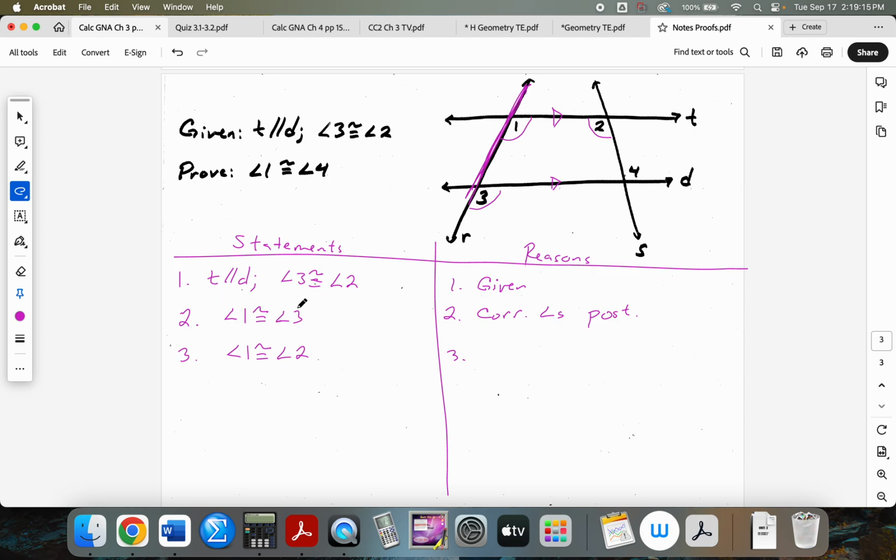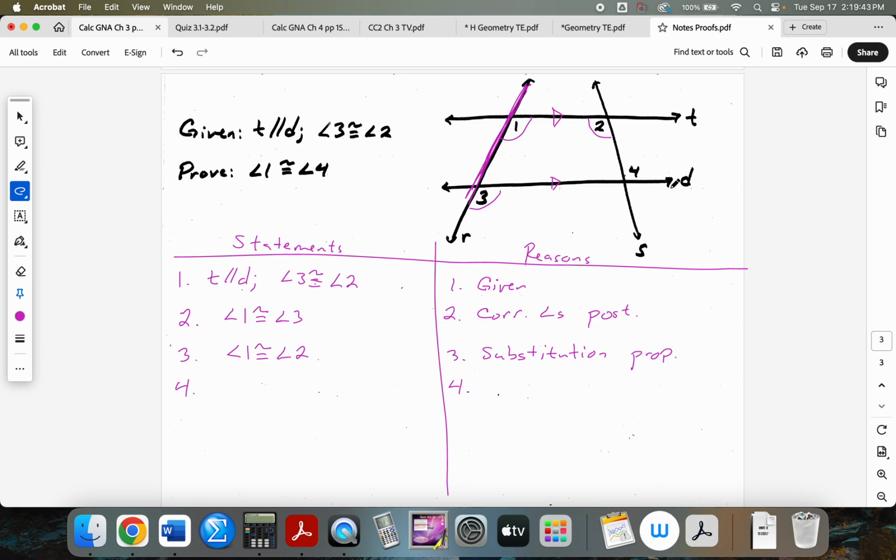If 1's congruent to 3 and 3's congruent to 2, I can just substitute and say 1's congruent to 2. That's the substitution property. Unfortunately, is that where I wanted to end up? No. So I'm like, okay, let's go back to the diagram, see what else I can add to this.